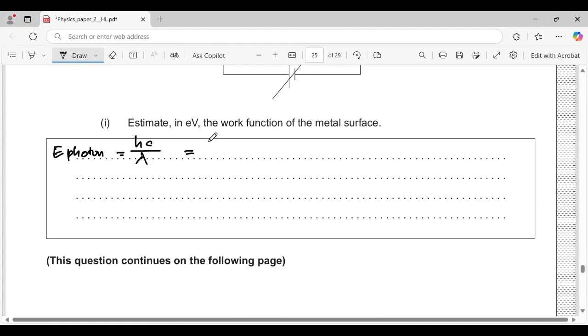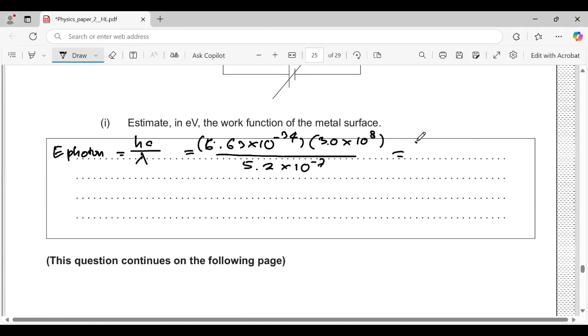equals 6.63 times 10 power minus 34 times 3.0 times 10 power 8 divided by 5.2 times 10 power minus 7.